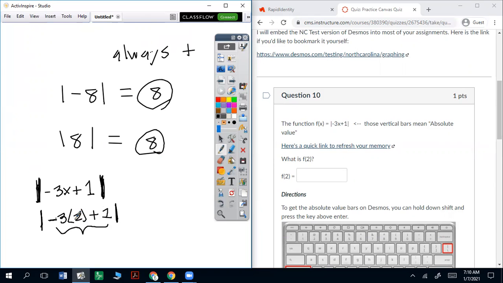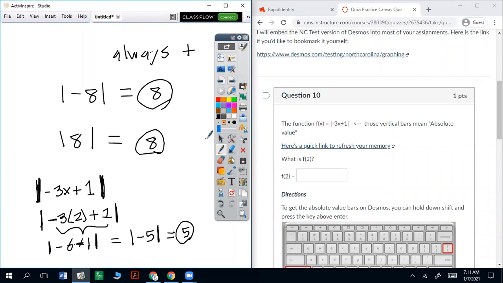So always do what's inside the group first, and then complete the absolute value work to get your final answer. So this is going to be -6 plus 1, that's going to be -5. But remember, that's the absolute value of -5. So it's going to actually be +5.